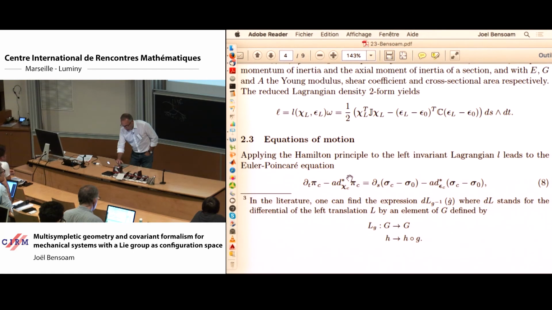So here are the equations of motion, and as you can see, they are partial differential equations, and you have two adjoint terms, considering that the group is a non-commutative group, corresponding to velocity and deformation.